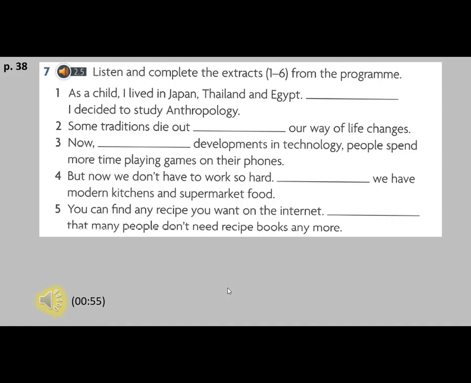Now, due to developments in technology, people spend more time playing games on their phones. 4. But now we don't have to work so hard. The reason for this is that we have modern kitchens and supermarket food. 5. You can find any recipe you want on the internet. This means that many people don't need recipe books anymore.